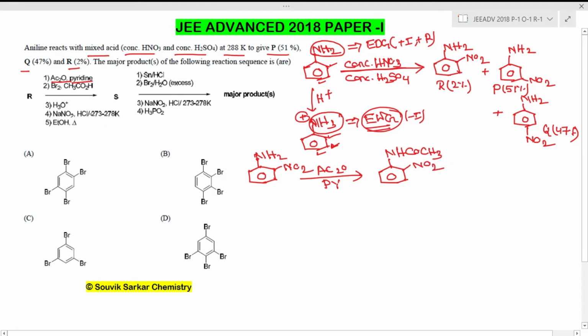Okay. Next we are doing the bromination: bromine in presence of acetic acid. And we know that in presence of acid anilide, bromination only occurs at the para position.